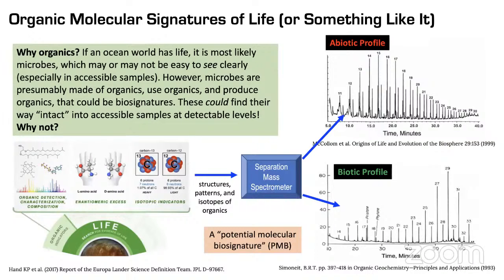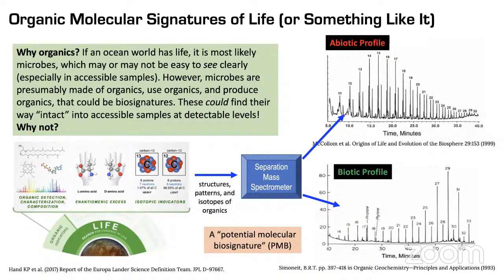And the fact that they could find their way intact, in other words, you would observe them as they originally appeared in the biosphere, into accessible samples, is really the logical underpinning of why we would seek organic biosignatures and the entire chemical context in which they are found as valuable steps toward understanding if there's life on that world. Okay, so maybe that's all obvious to you folks, but it should be stated. So what we mean by this is it involves detecting and characterizing a range of organics in a mixture.